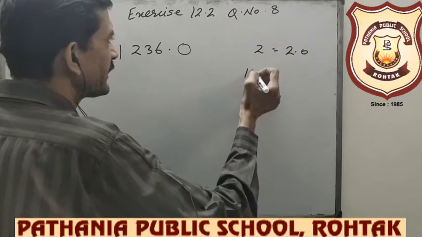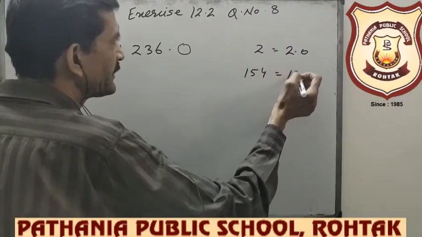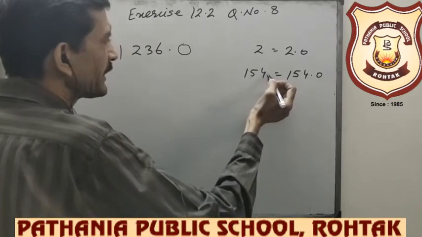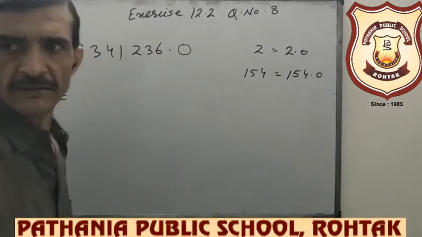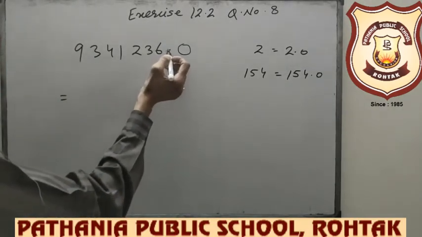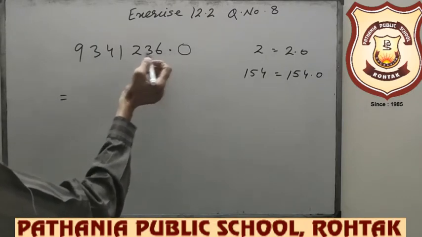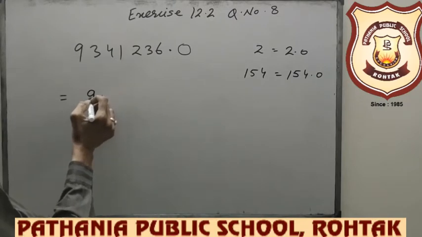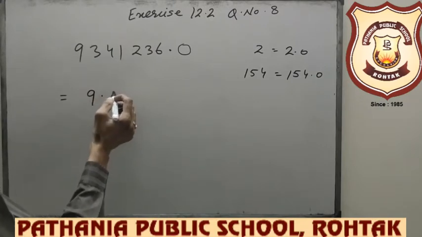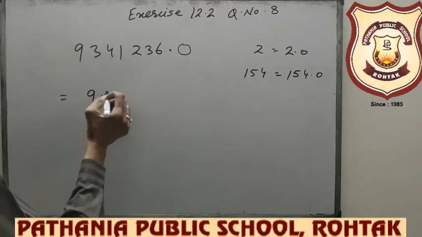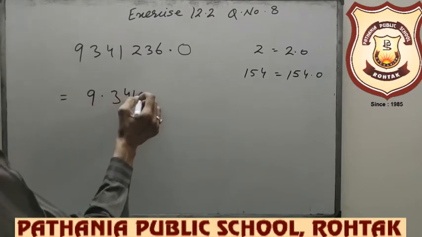In the same way 154 can be written as 154.0, because decimal can be put after the last digit. So now move this decimal from here to this place. In standard form, the digit just before the decimal should be non-zero.